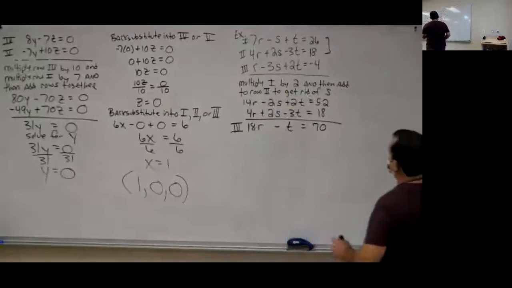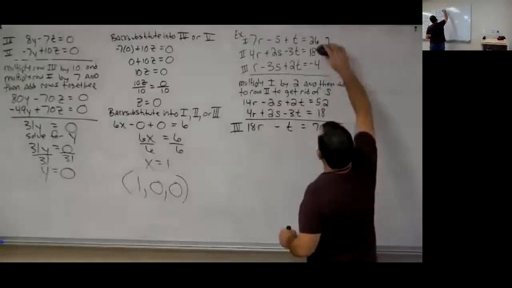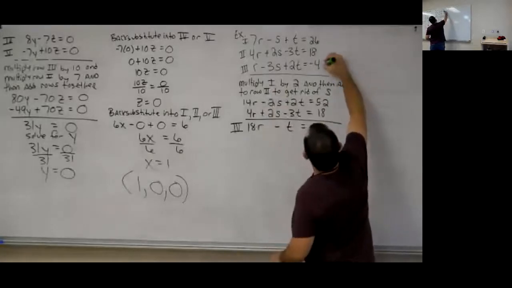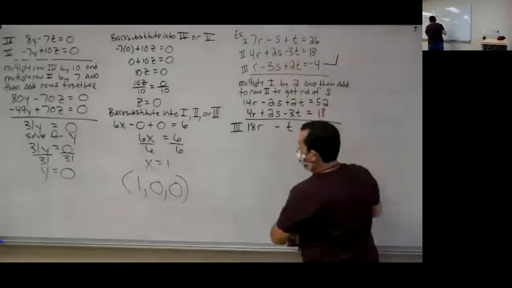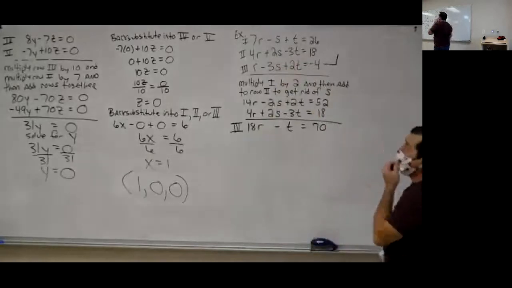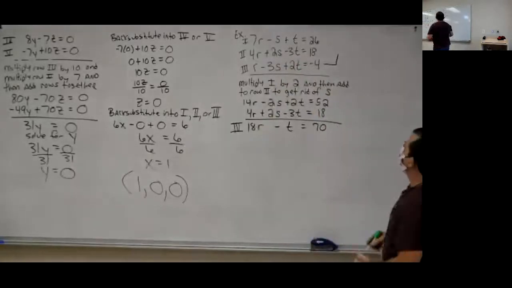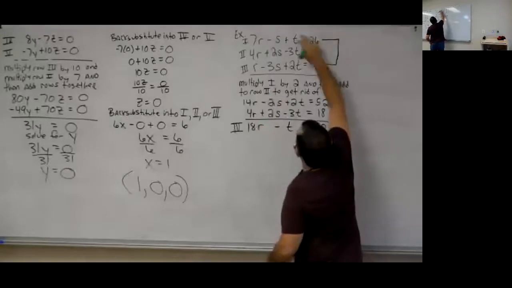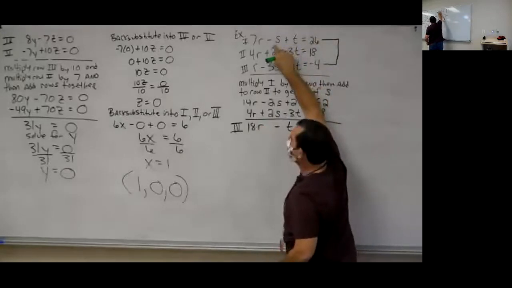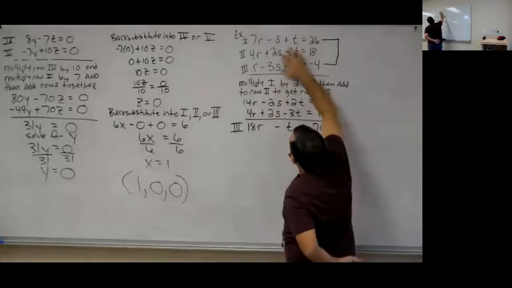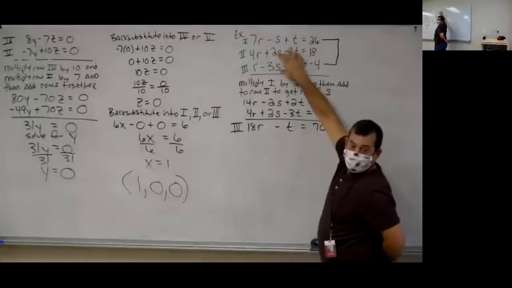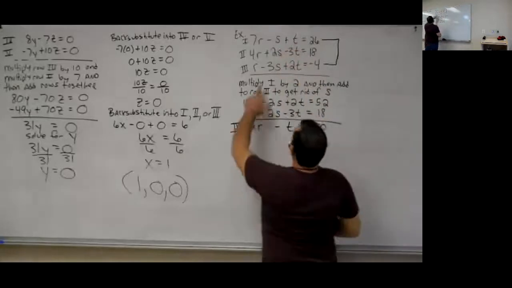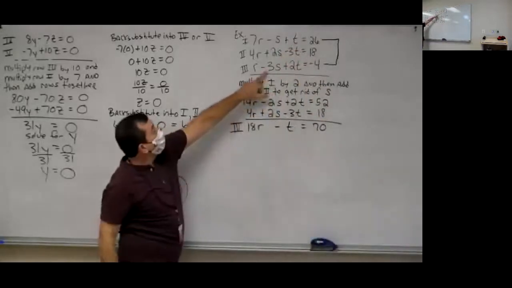Now, here's the thing. I used 1 and 2 to eliminate an S. Now, no matter what, I've got to use row 3 with one of these other rows. Now, we don't like doing a lot of math, so I would probably pick row 3 and change row 1. So if you pick 2 and 3, you'd have to change both of those to get rid of that S. But that's got a -3S.